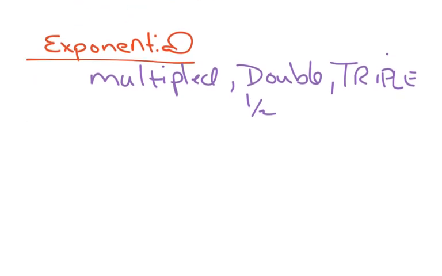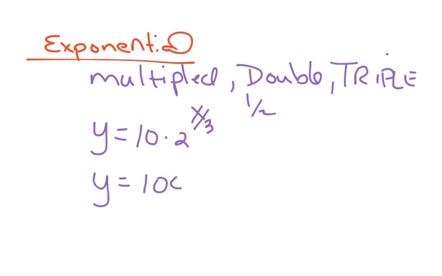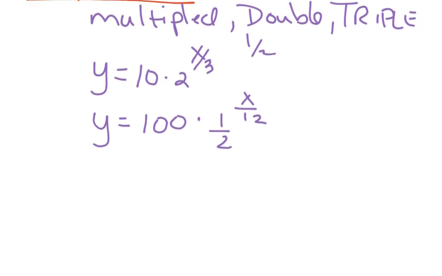So if I said it started at 10 and it's doubled every 3 hours, that'd be a situation. If I said the half-life of an item is every 12 days, then you've got your equation, started at 100 and it's half-life. So that's what you're multiplying by. So that's one way of seeing exponential.